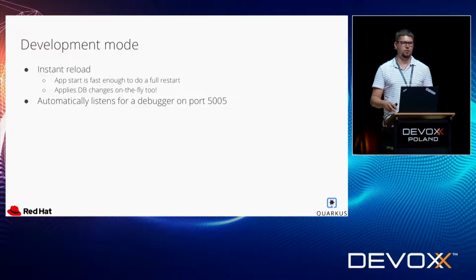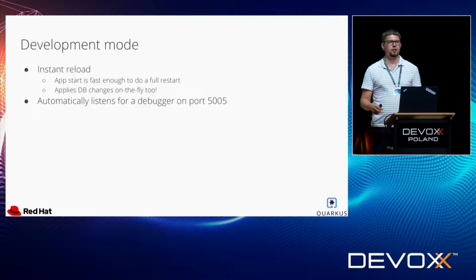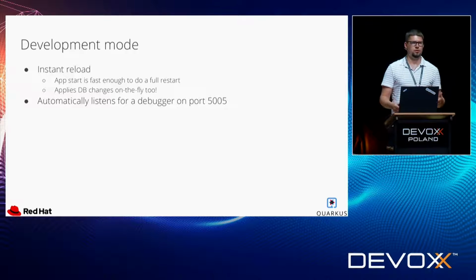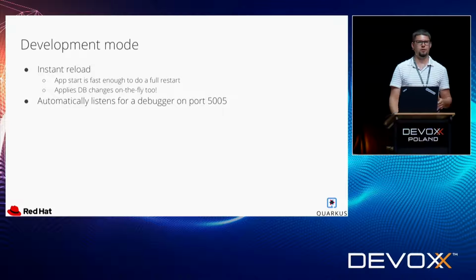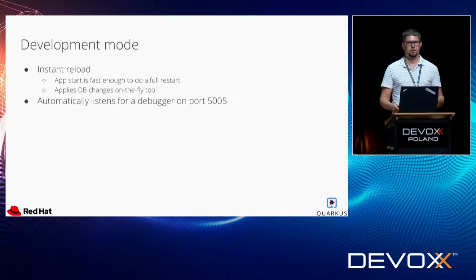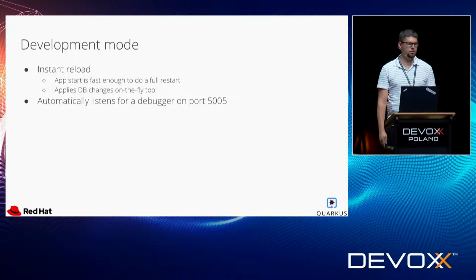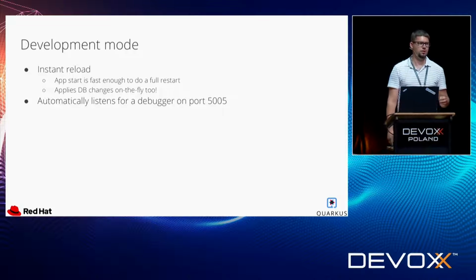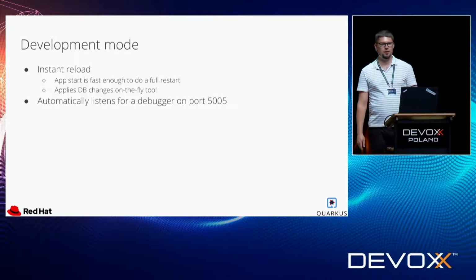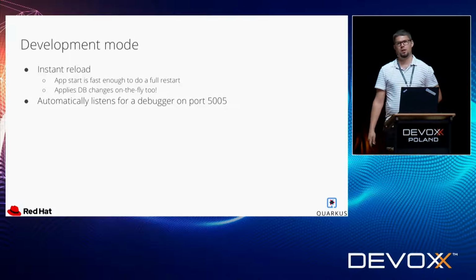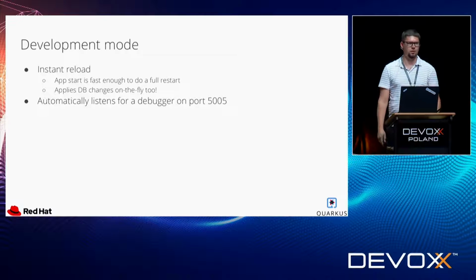And then when you modify your code or configuration, your application will be reloaded on the fly. And the scope of the applied changes is really wide, so it even contains DB schema changes. Also in the development mode, the application automatically listens on port 5005 for a debugger. Not a big thing, but useful.